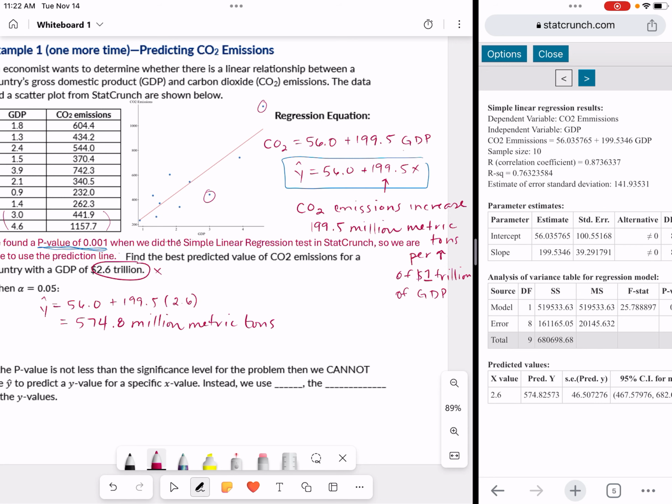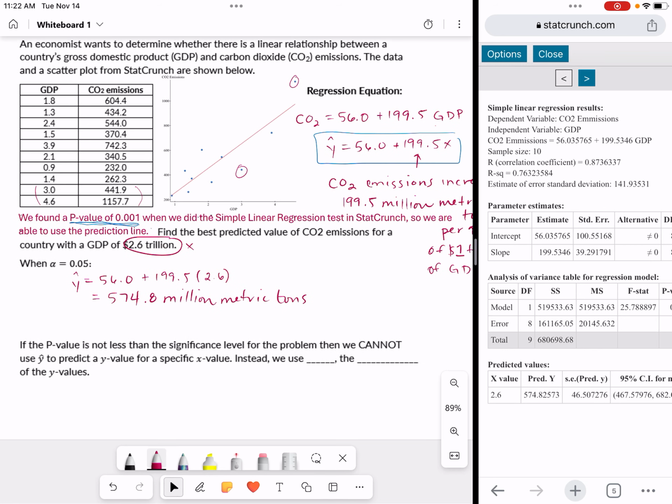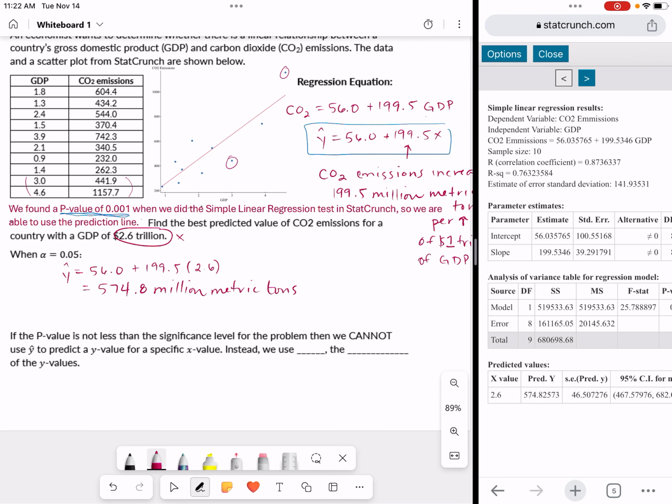All right, so in this case, we were able to use the equation. If we're not able to use the equation, this prediction equation, or this line of best fit, then we're going to need to use the mean of the y values, which we use y bar. This is exactly the same as x bar that we've been seeing for almost the entire semester.